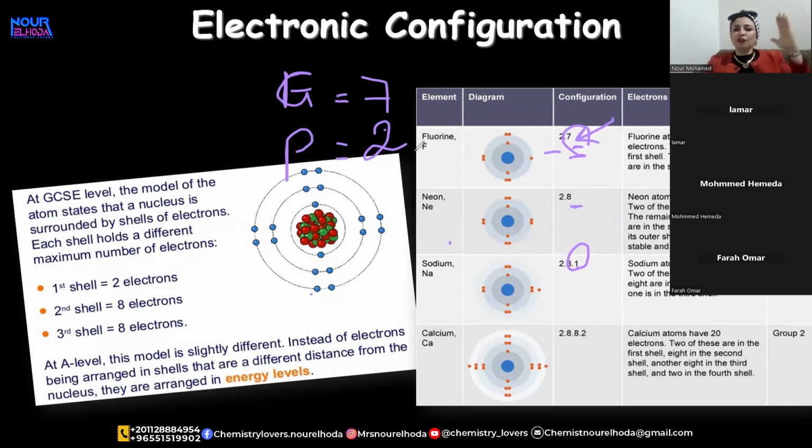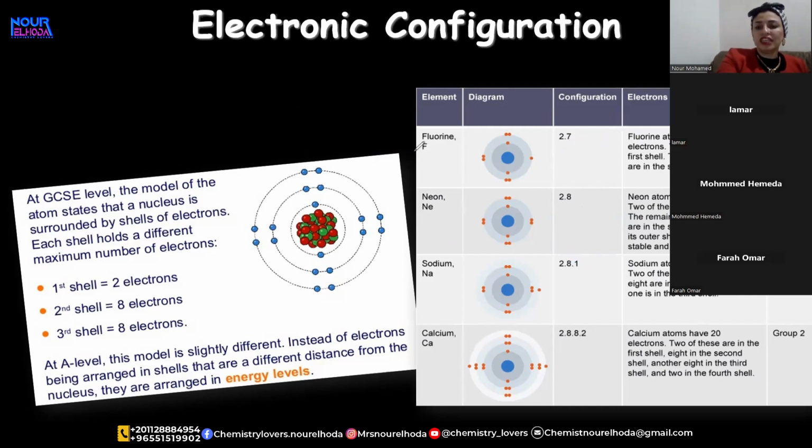So from left to right, these are the groups, group 1, group 2, group 3, and from up to down, period 1, period 2, period 3, period 4. So you can decide where the element is in the periodic table by how many shells and by how many electrons are in the outer shell. The outer shell gives you an indication for the group number. How many shells you are using, how many circles, how many energy levels, gives you an indication for the period. Okay, I hope this is clear.